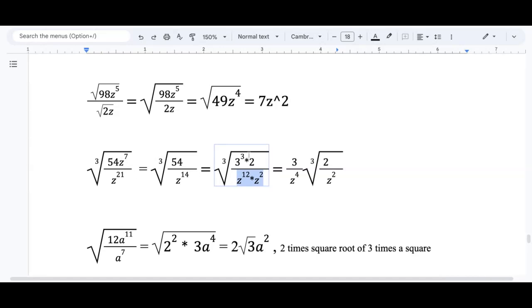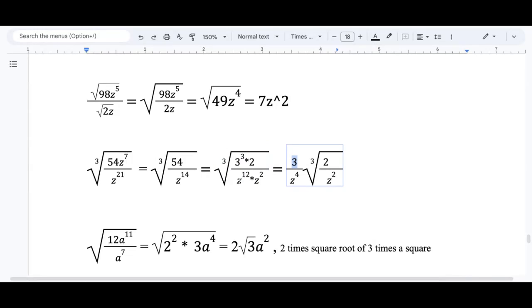So then 54 is 3 cubed times 2, 27 times 2. Right? Z to the 14th power can be written as z to the 12 times z squared. Why do we want to break it like that? Because those are multiples of 3. So the cubic root of 3 cubed becomes 3.